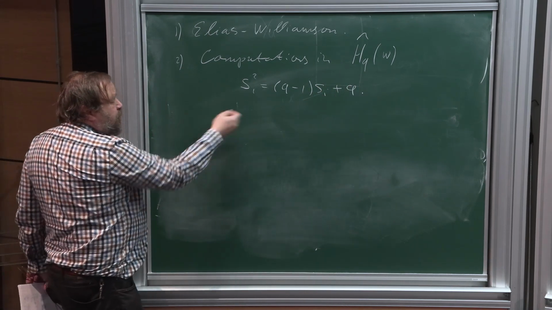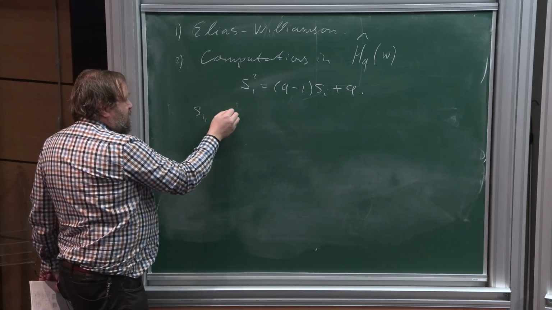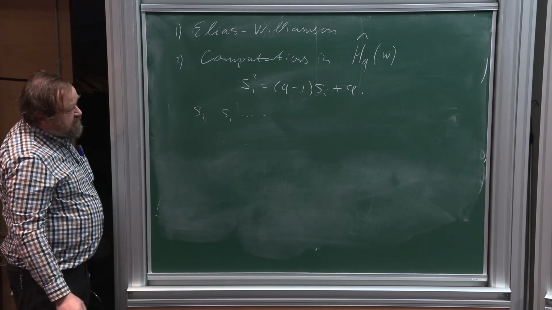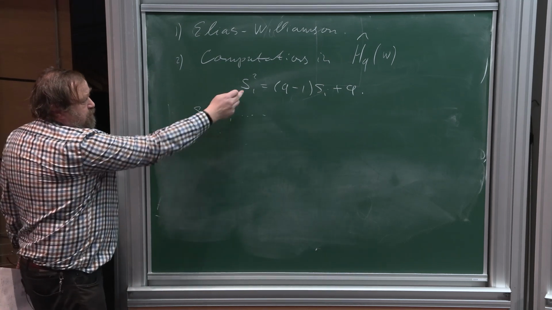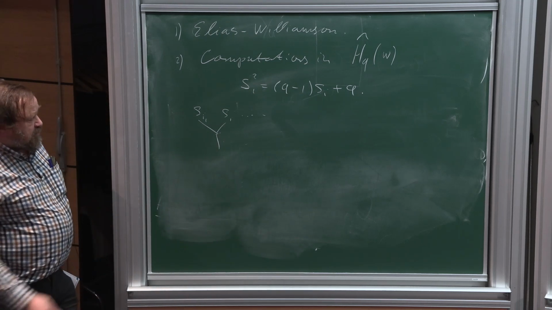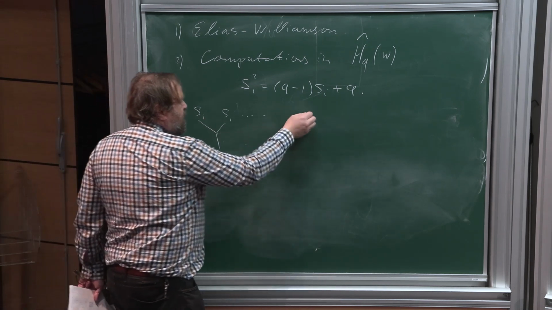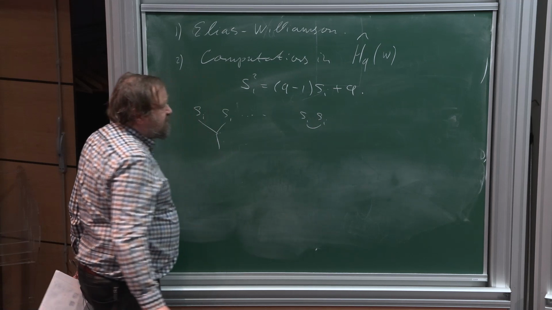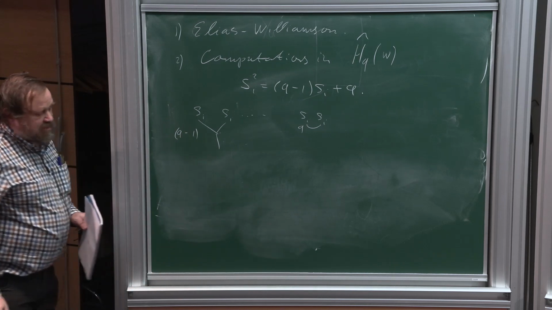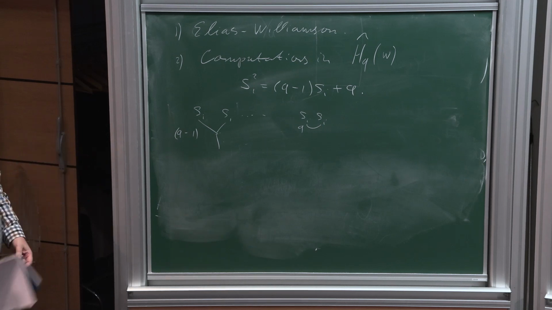So if you have a word in these letters Si1, Si2, etc., and you apply this relation, you have two terms. One term corresponds to this trivalent vertex, because it reduces the number of letters: if you have Si, Si, you can contract them and give this coefficient q, and this is the coefficient q minus 1, etc. So in computation in the Hecke algebra, you also get these graphs.